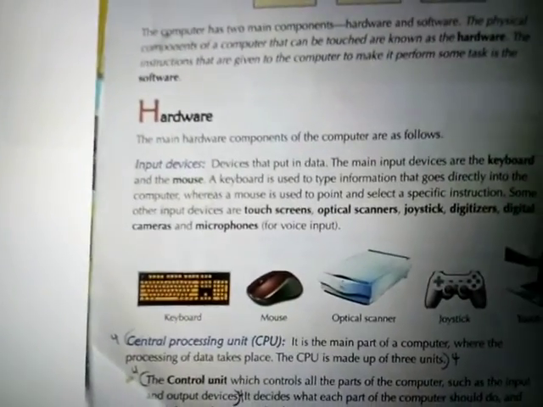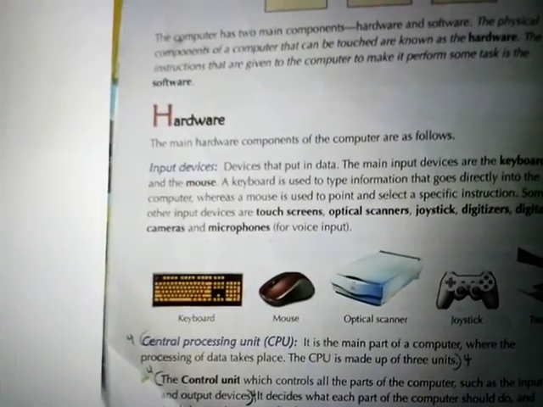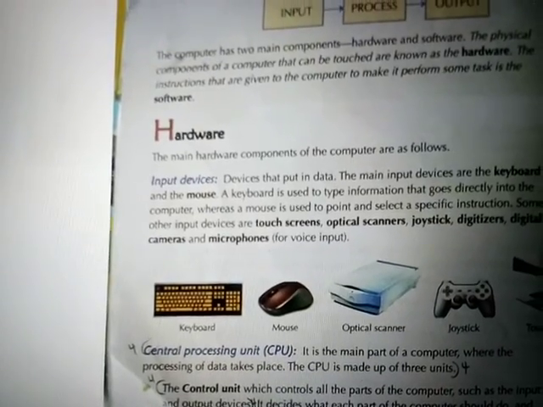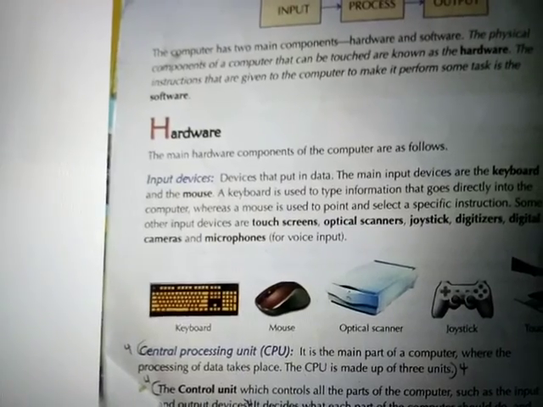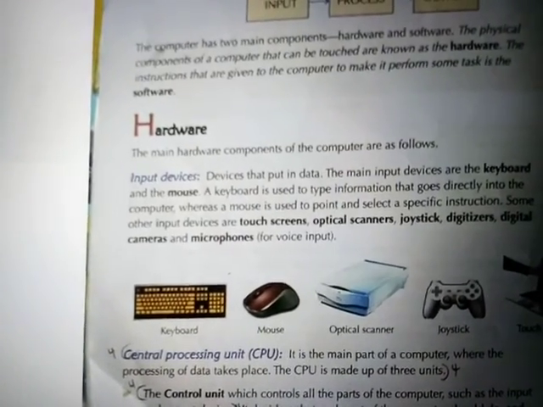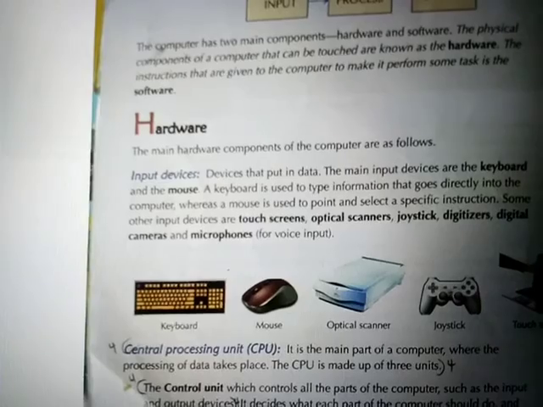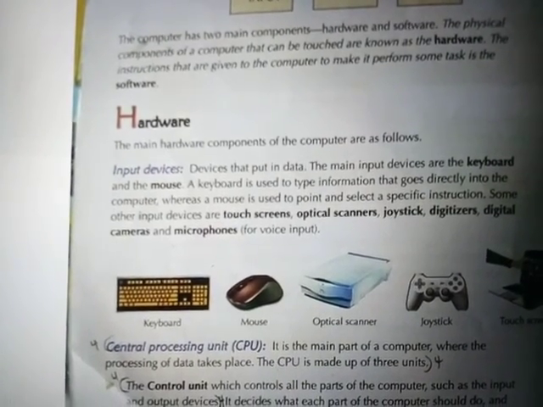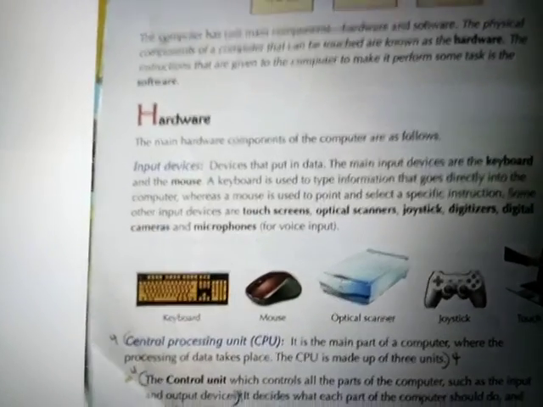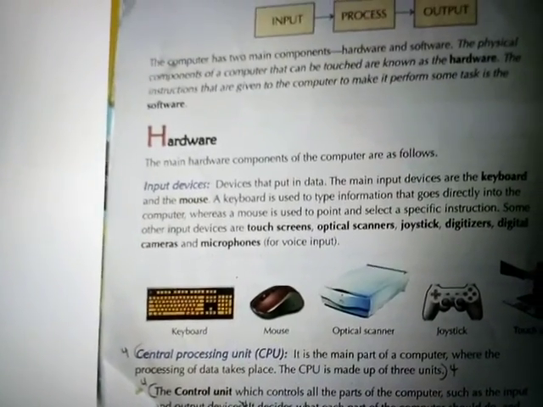Now let's see what these input devices do. They are devices that put in data, meaning you give the input in the form of data. For example, you are typing some letters A, B, C, D. By that, you're giving some data to the computer. The main input devices are the keyboard and the mouse.